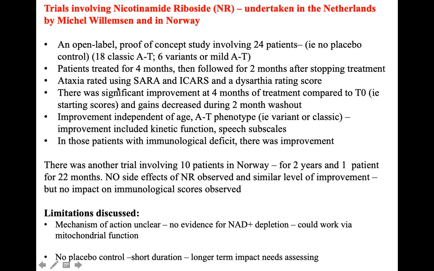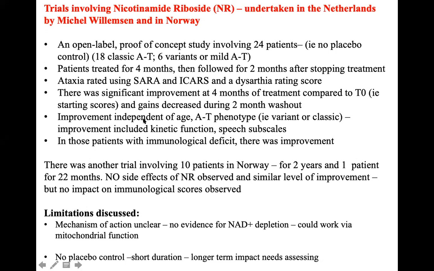The ataxia was scored using SARA and ICARS, and there was a dysarthria rating score as well. There was significant improvement at 4 months of treatment compared to the scores when they started, and the gains decreased during the 2 months washout, i.e. when they weren't receiving the drug, which is encouraging because it makes you think that it is to do with the treatment.